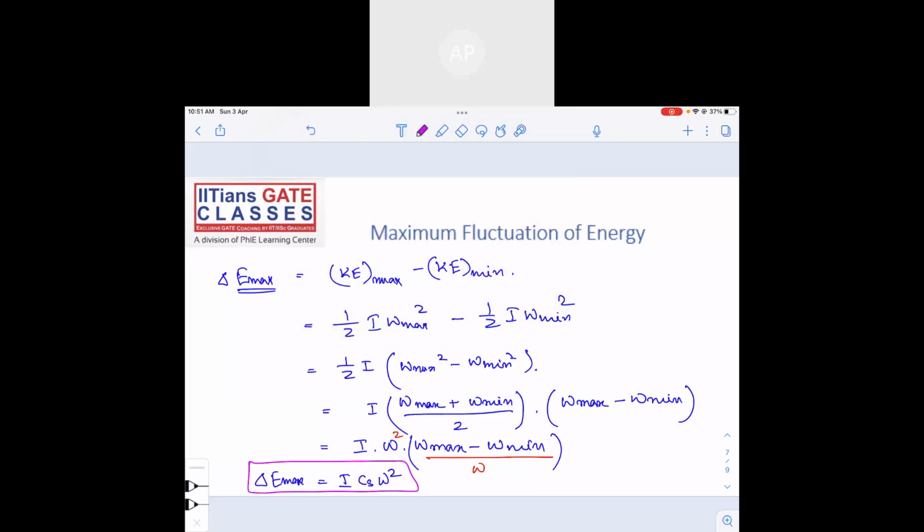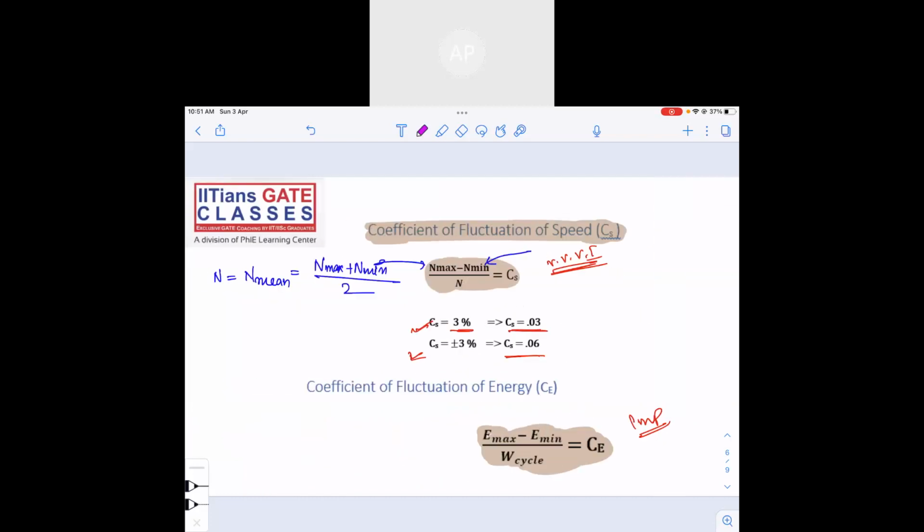This is again a very, very important formula: I CS omega square. If I'm saying N and omega, this is the same; the ratio will always remain the same. Why? Omega is equal to 2 pi N by 60. So if I say omega 1 by omega 2, I can directly write it as N1 by N2, because 2 pi by 60 is constant and will get cancelled out.